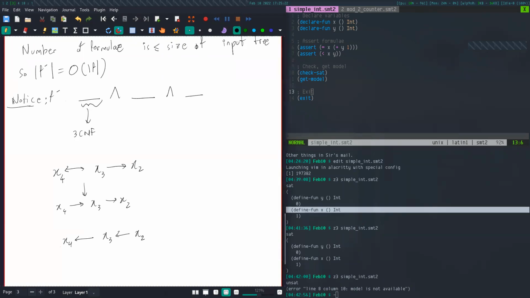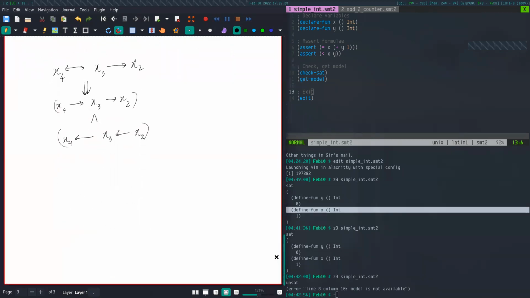So we go from this to the and of these two formulae. Let's look at each one of these. So x4 implies (x3 implies x2). Let me write brackets so that we don't get confused, although we don't need to. Okay, in the second case we do.